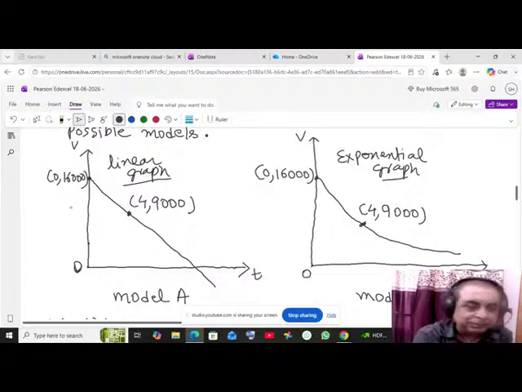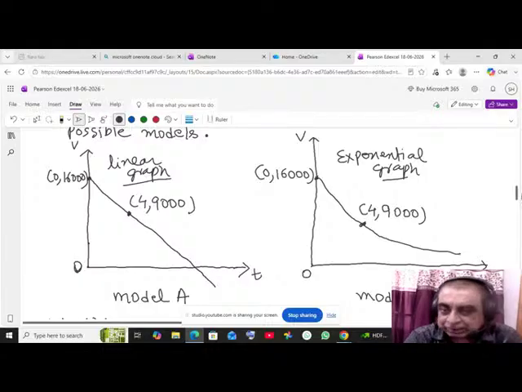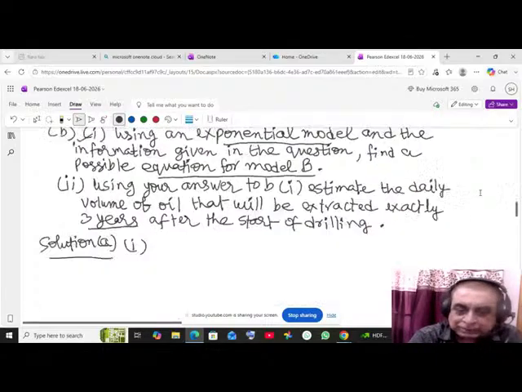The first point has x coordinate 0, y coordinate 16,000. The second point has x coordinate 4, y coordinate 9,000. Whenever you know the coordinates of 2 points on a linear graph, you can find the equation of that graph by the formula I am writing here.